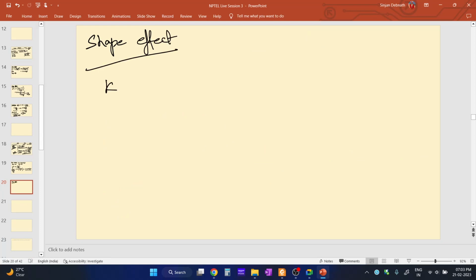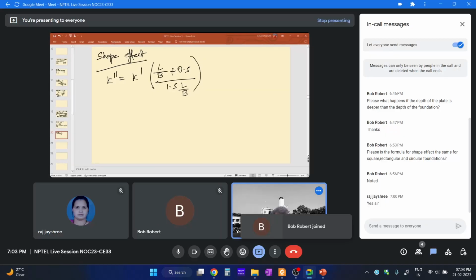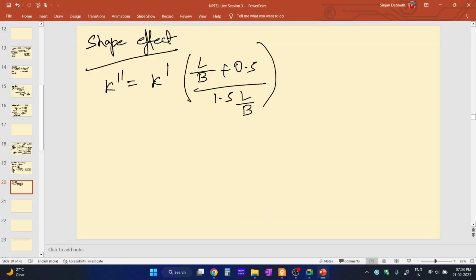So now K double dash is equal to K dash into (L by B plus 0.5) divided by (1.5 L by B). See, the shape effect is similar in case of clay soil as well as cohesionless soil.